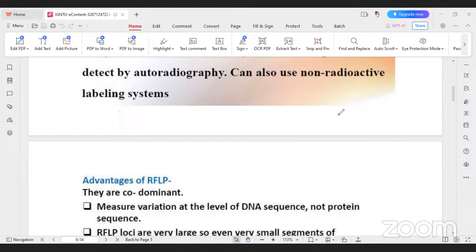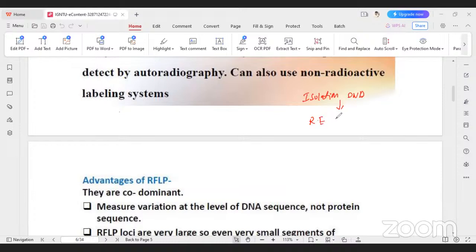DNA isolation. Let's write here: isolate the DNA, then cut the isolated DNA with restriction endonuclease.